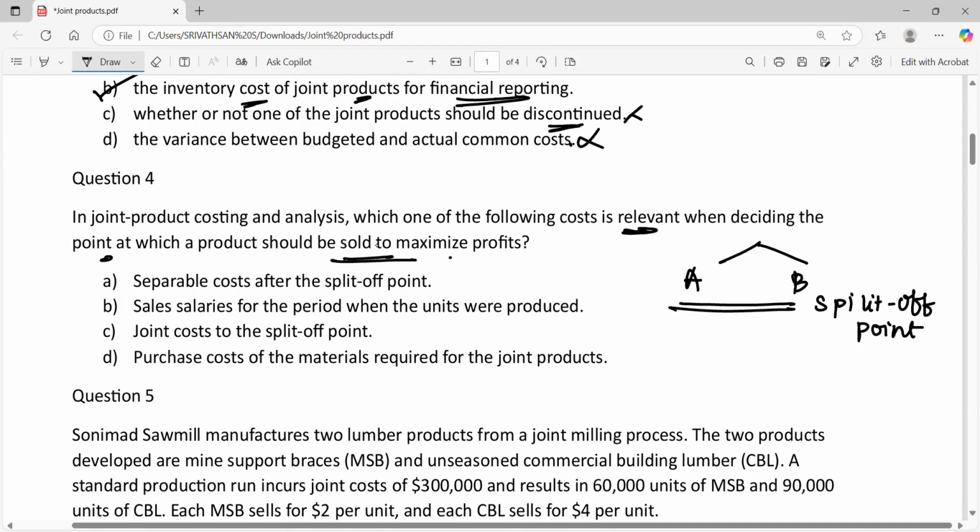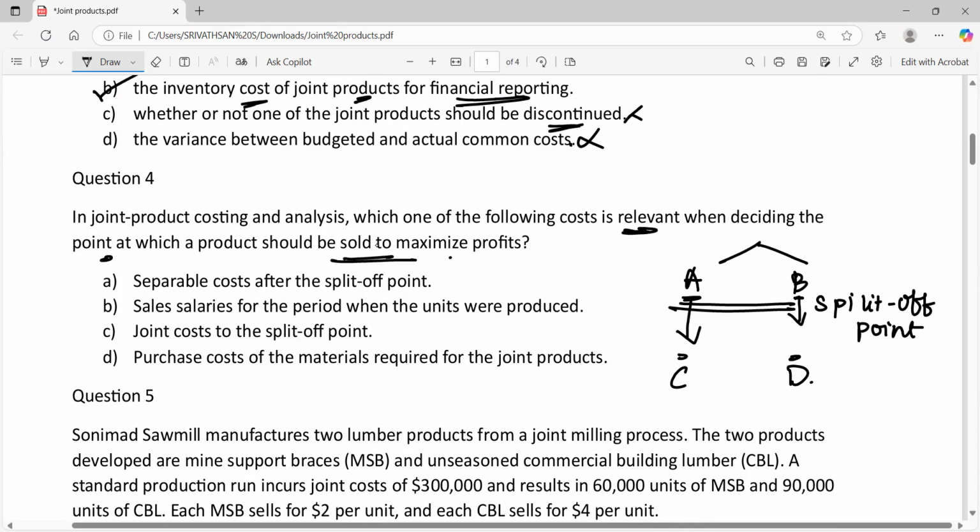For example, let's say product A can be further processed into a new product called product C, and product B can be further processed into a new product called product D. Now we have to decide whether the product should be sold at the split off point or we should further process the joint product and sell the new product. We have to decide that.